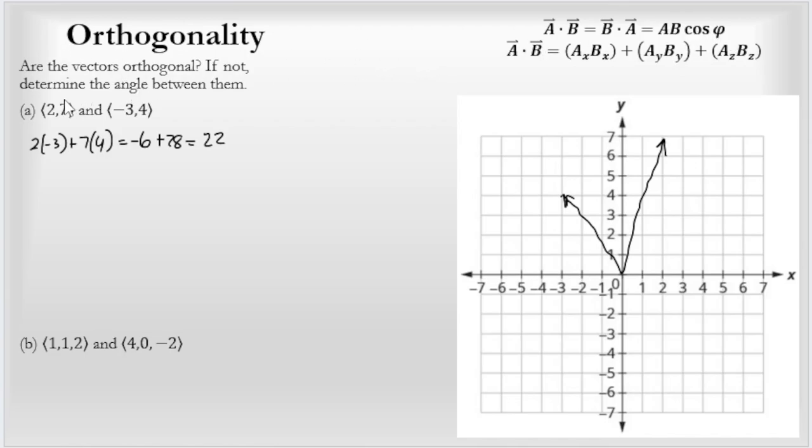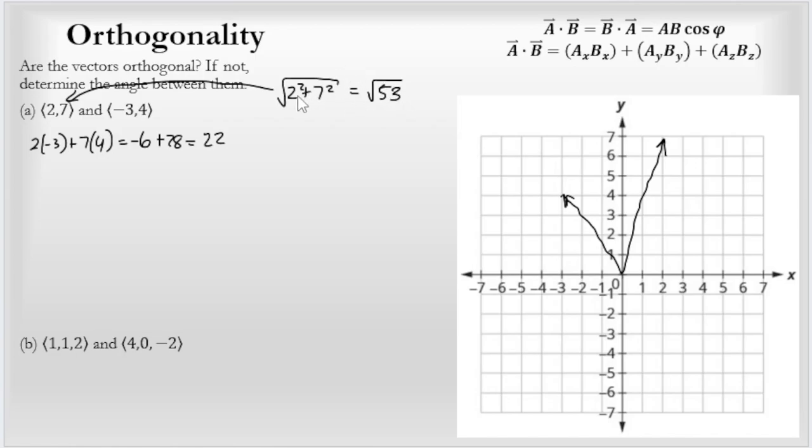I can find the magnitude of that first vector. The magnitude is going to be 2 squared plus 7 squared, and then square root that. So I get 4 plus 49, which is the square root of 53.